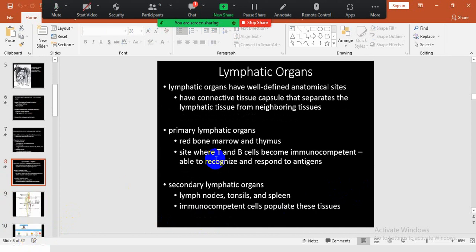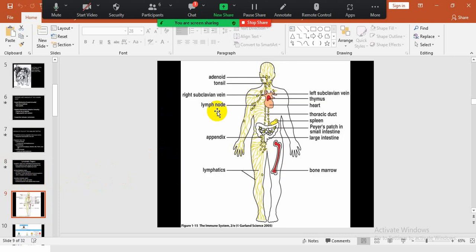Okay, so let's look at the lymphatic system. The lymphatic organs have well-defined anatomical sites and have connective tissue capsule that separates the lymphatic tissue from neighboring tissues. So let's look at it before we come back.